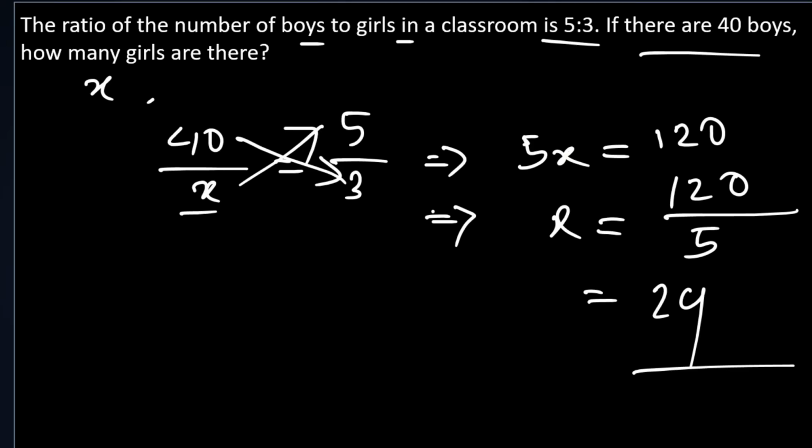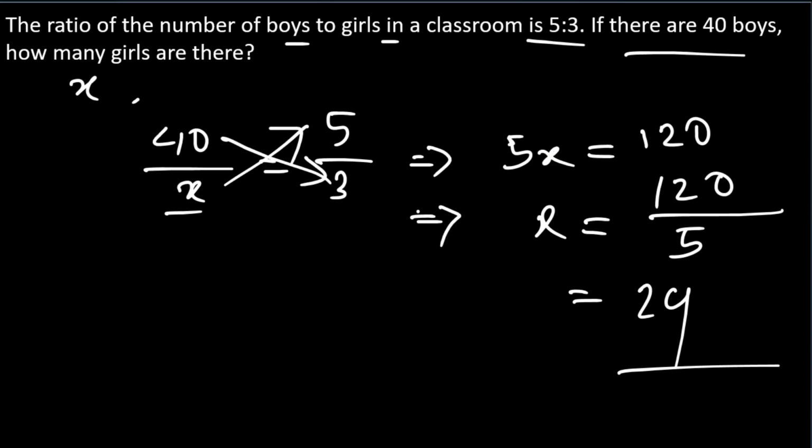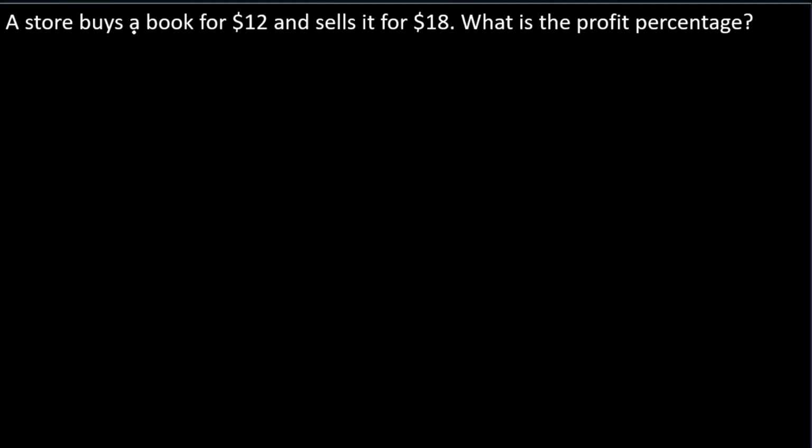Now come to another problem. A store buys a book for $12 and sells it for $18. What is the profit percentage? So 18 minus 12 equals $6, which is the profit.